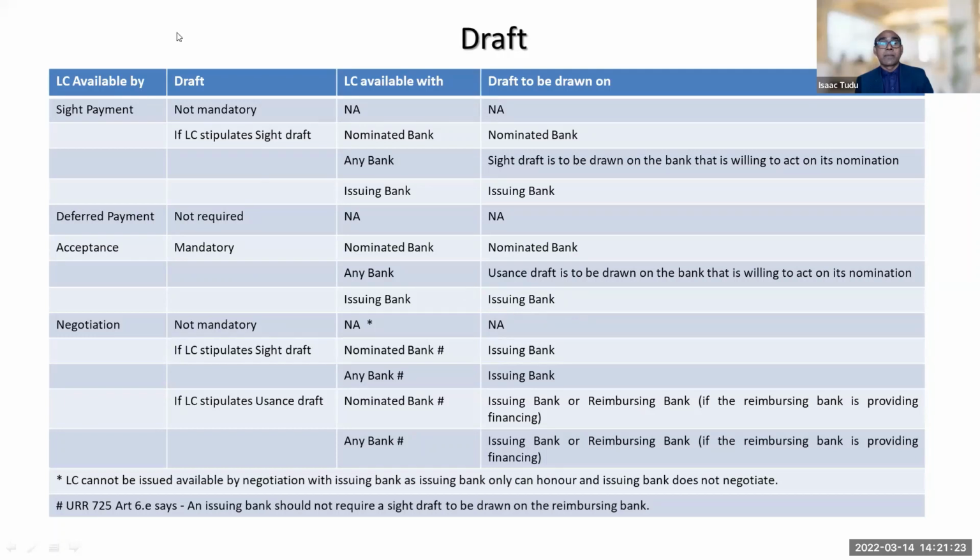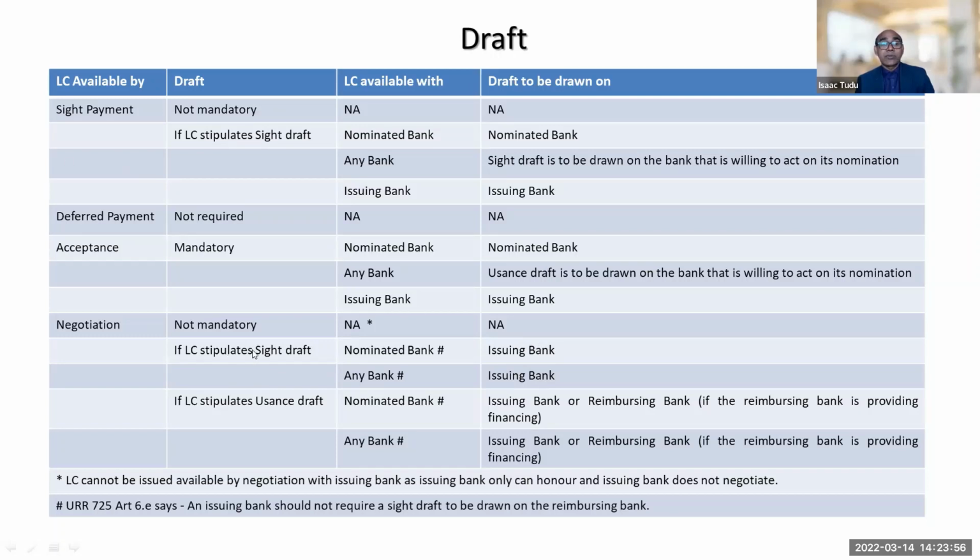in case of LC available by acceptance, the draft is to be drawn on the issuing bank. So in case of LC available by negotiation, a draft is not mandatory. And please note that LC cannot be issued available by negotiation with issuing bank, as issuing bank can only honor and issuing bank does not negotiate. If LC is available by negotiation and if LC stipulates a sight draft, LC available with nominated bank, in that case, the draft is to be drawn on the issuing bank.